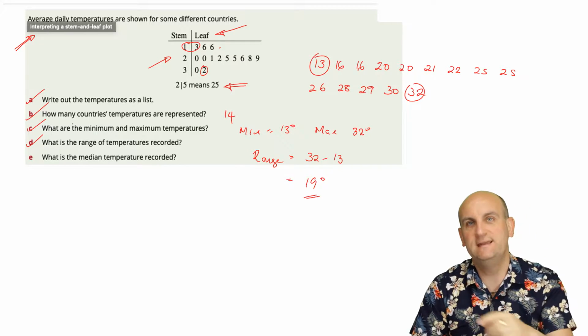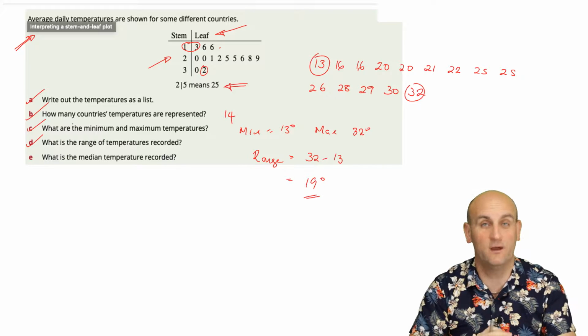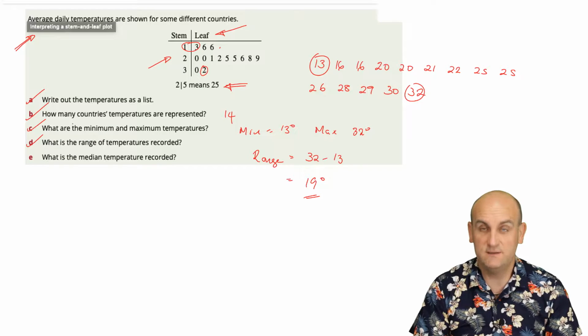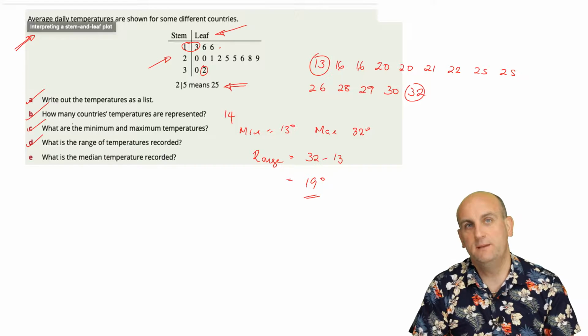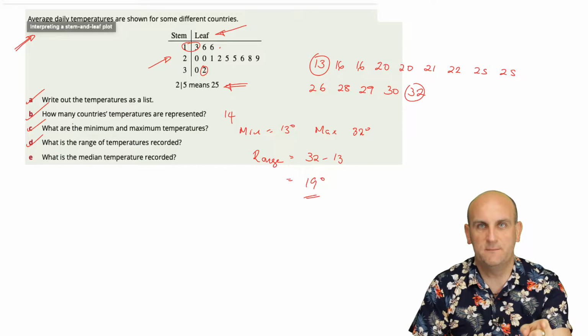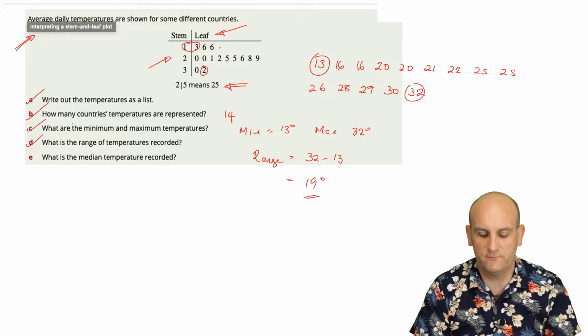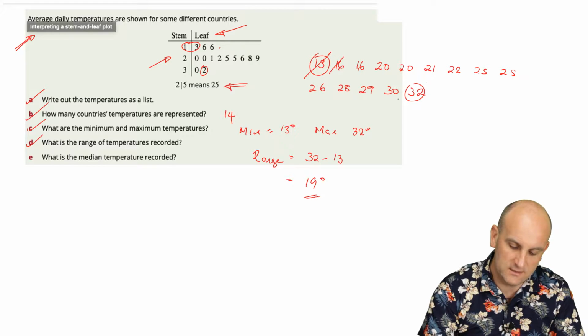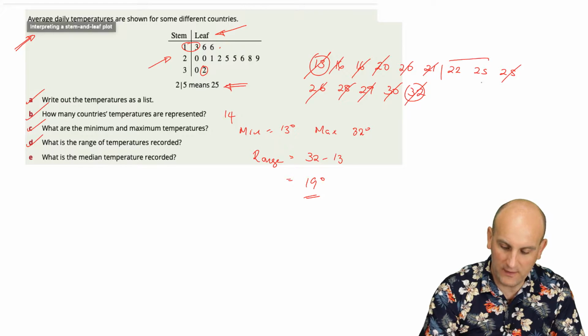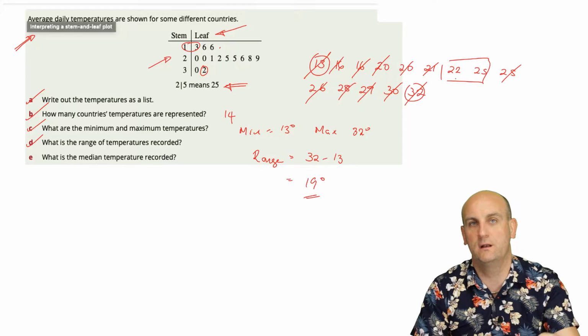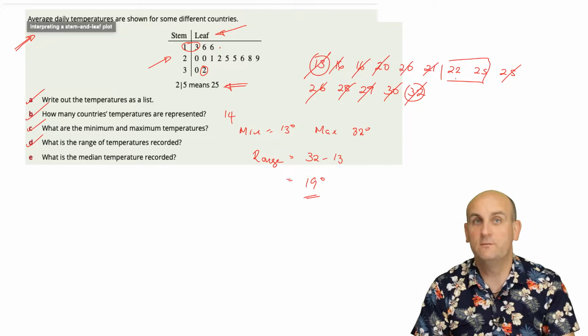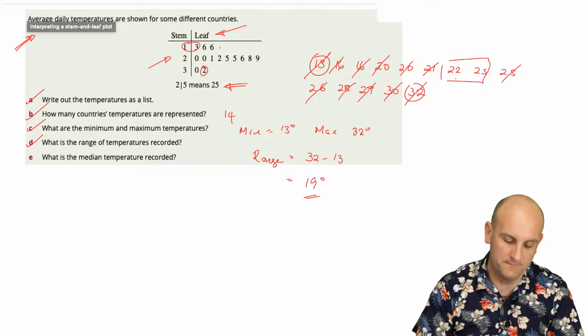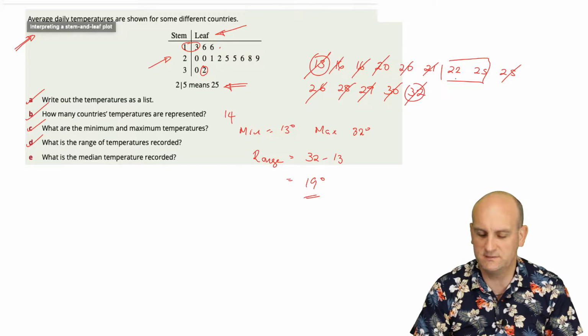And what is the median temperature? Now, I think this was the hardest part of the whole question. You know, lots of easy marks here. How do we find the median? Median sounds like medium, and medium's in the middle, so we're looking for the middle number. So cross 2 off the front, 2 off the end, 2 off the front, 2 off the end, 2 off the front, 2 off the end, and lo and behold, we have 2 middle numbers. We can't give 2 middle numbers. The median has to be an actual number. And do you remember how to find the middle of 2 numbers?